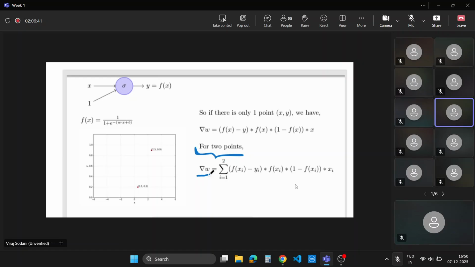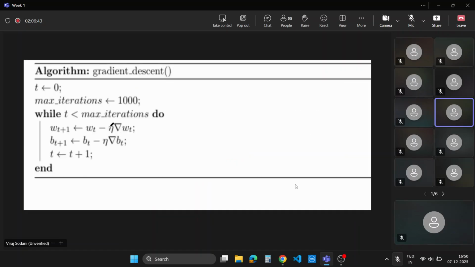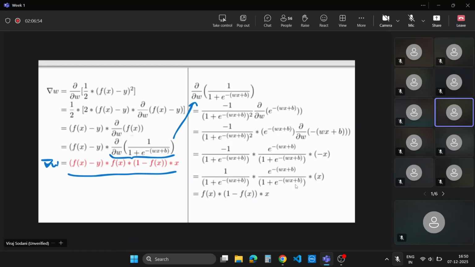Like you have calculated the del omega, multiply with eta here, and you'll be updating your wt plus 1 with each iteration. Okay. So does anybody need me to explain this derivation, or shall we proceed?